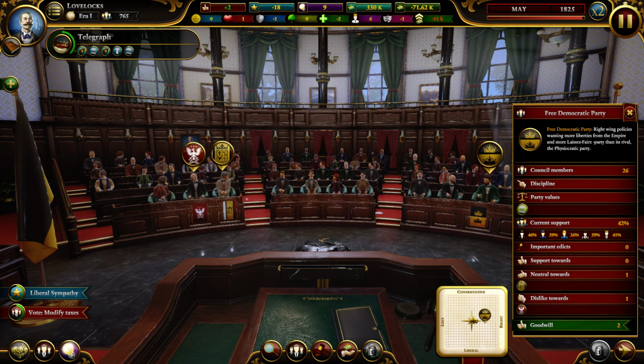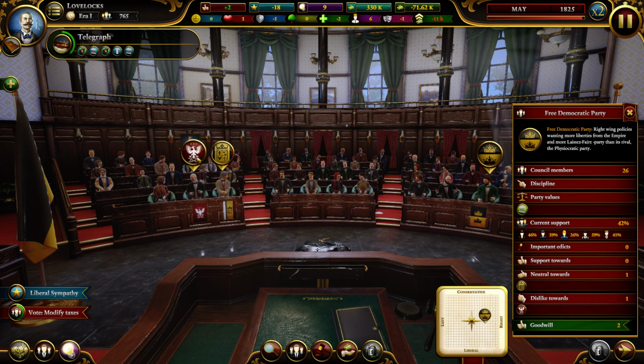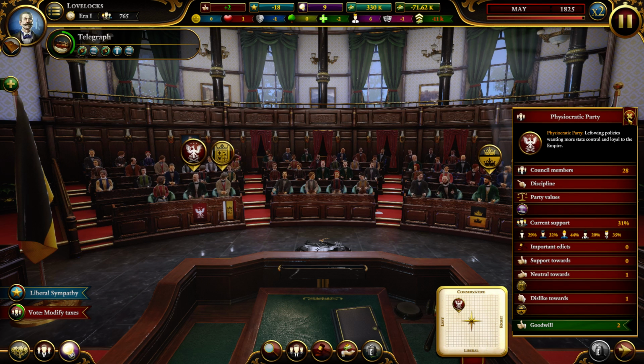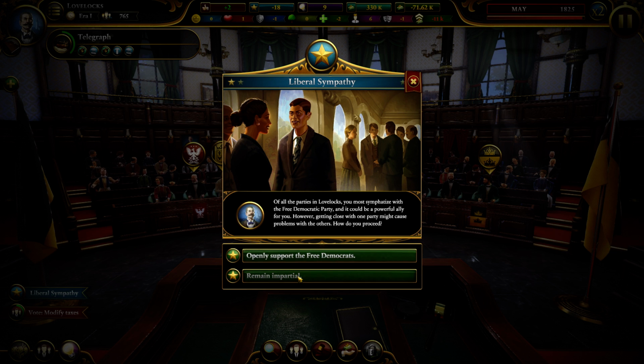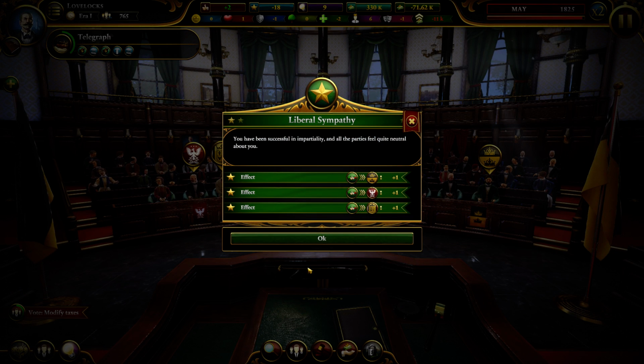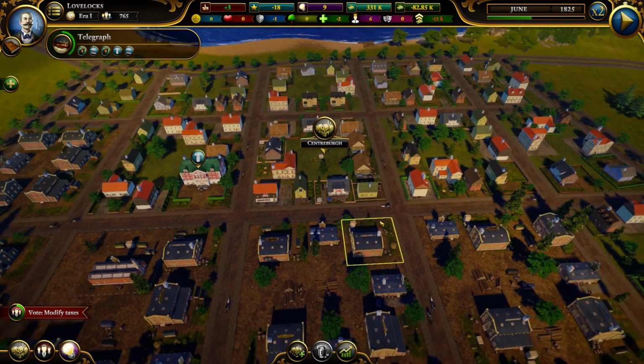Kind of in the middle, right-leaning. These guys are right in the middle. Oh, I don't know. It looks like we're more swayed. I obviously want to align myself with whoever has more votes if I want to stay in power. So let's remain impartial. So we get +1 with everyone. That's good. Quite neutral. That's where we want to be. Perfect. Nice and boring.